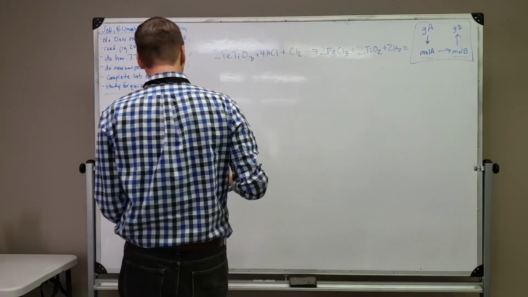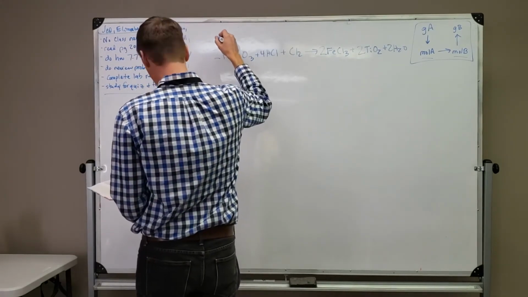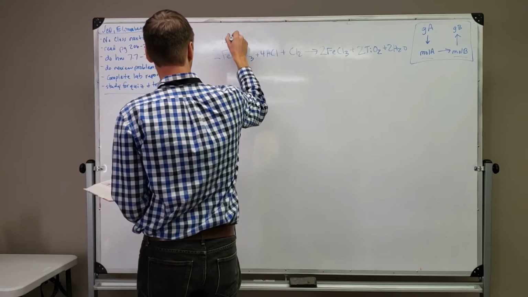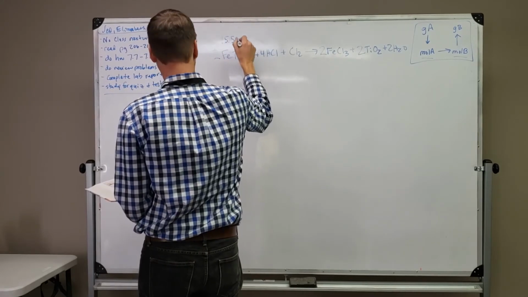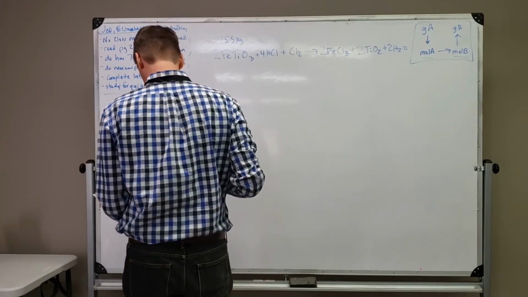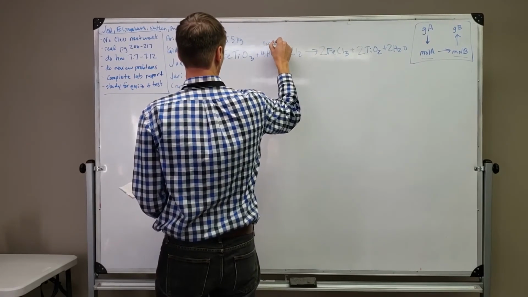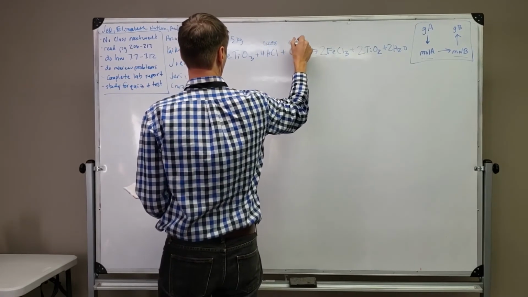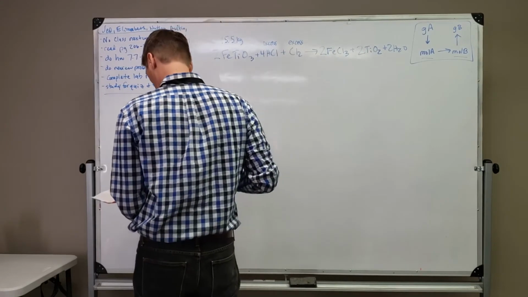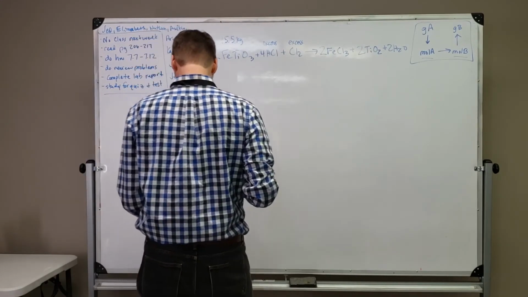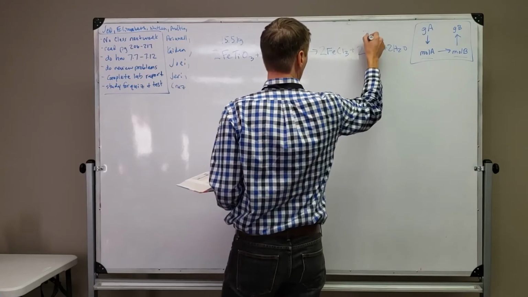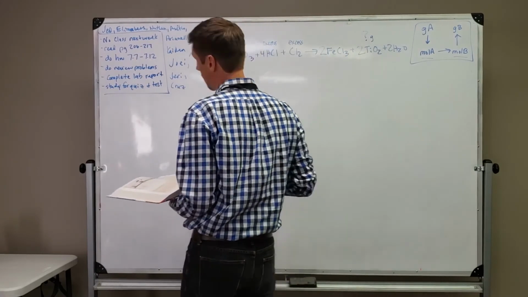And it says if we have 15.5 kilograms of this in excess, and we've got a bunch of extra HCl and a bunch of extra Cl2, how many grams of TiO2 can be made? So grams of this.